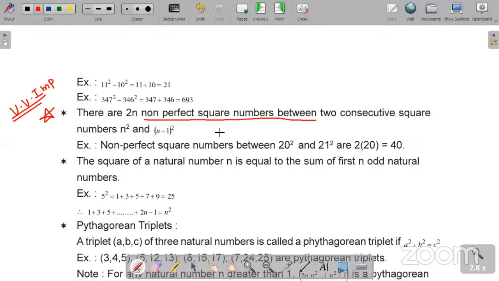You have asked one question. For example, two consecutive square numbers, that means n square and (n plus 1) square. In between these two values, how many non-perfect square numbers? That means you take n and multiply with 2. 2n you will be getting. So I will ask you one question.